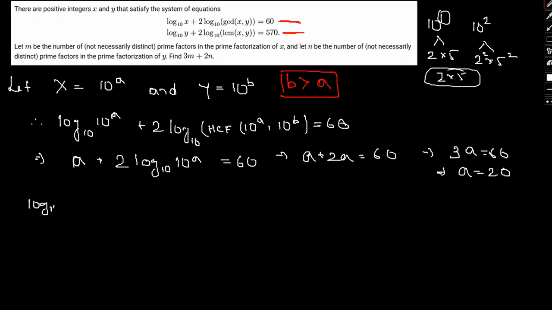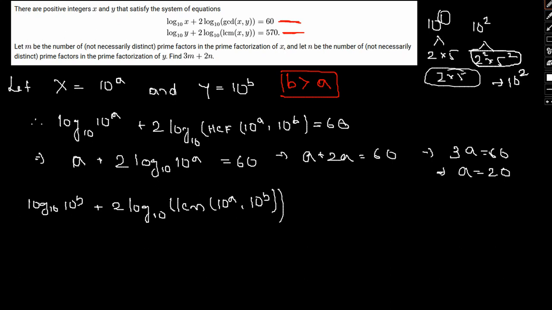Similarly, if we talk about the second equation, what we have here is log base 10 y, being 10 to the power b, plus 2 log 10 of the LCM of 10 to the power a comma 10 to the power b. So here we can see, if we take the LCM of this, the LCM would simply be 10 to the power b. So for the first case we'll have b, and for the second case log 10 of 10 to the power b, again b.